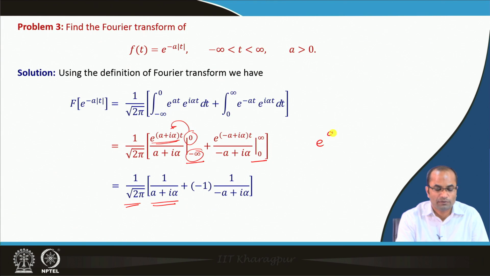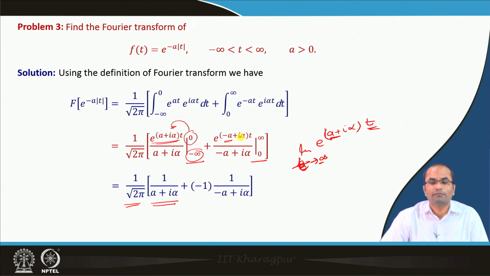When we put infinity, we have e^((a + i alpha)t), and we are looking at the limit where t goes to minus infinity in the first case, and a is positive. In the second case t goes to infinity, but then we have minus a.